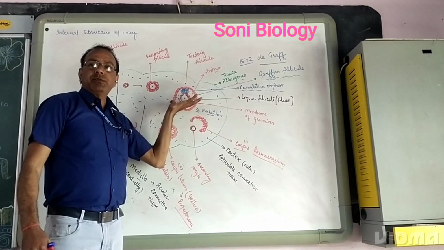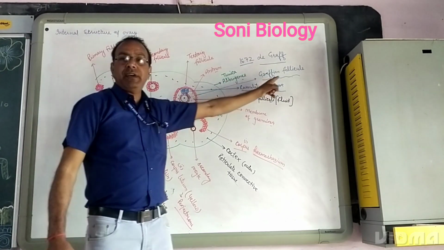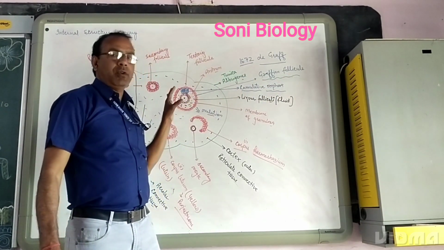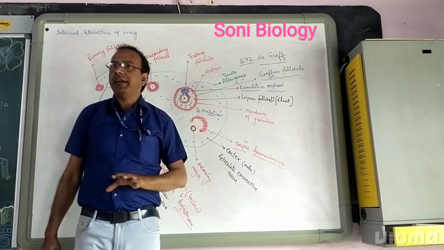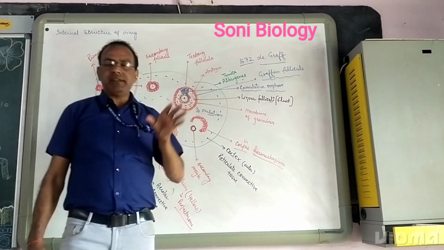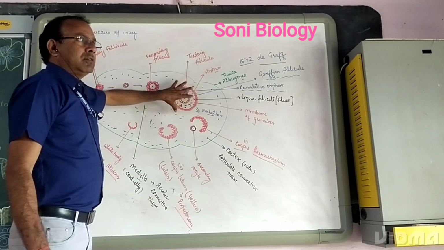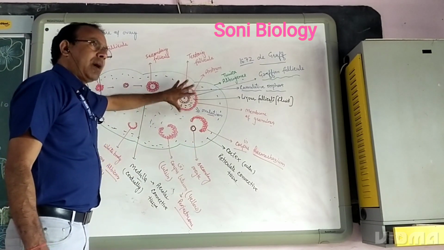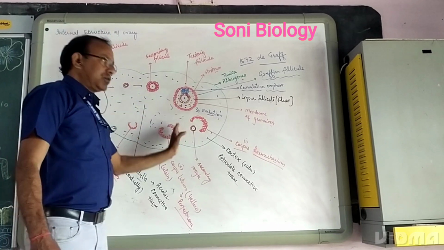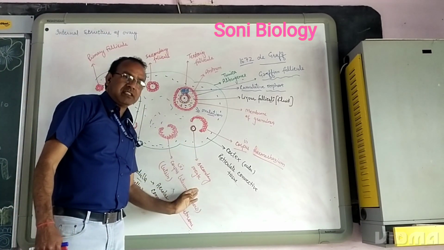As this stage becomes mature, it is called the Graafian follicle. Why is it called the Graafian follicle? Because it was observed by the scientist Graaf in 1672. The mature secondary oocyte is released with the zona pellucida.